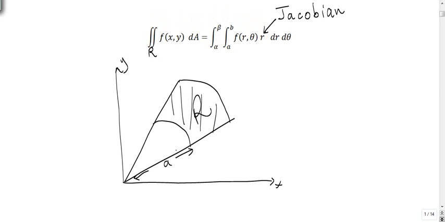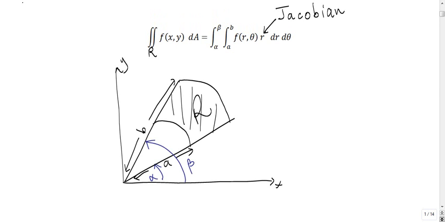And then the bigger radius is b. And then, what are this alpha and beta? These are the angles. So the angle here, this first angle, is alpha. And then the second angle here is beta. Okay? So that's where this comes from.